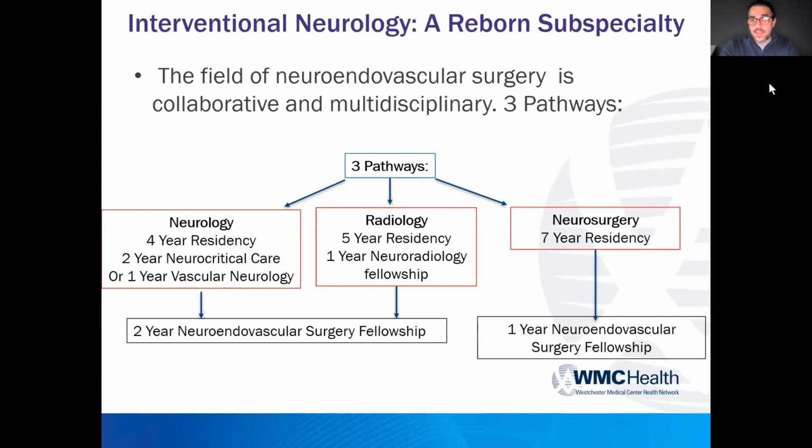Through radiology, it's a 5-year residency followed by a 1-year neuroradiology fellowship and then a 2-year neuroendovascular surgery fellowship. Or through neurology, a 4-year residency followed by a 2-year neurocritical care fellowship, or 1-year vascular neurology, followed by a 2-year neuroendovascular surgery fellowship. No matter how you decide to engage in this field, it's going to be roughly 7 to 8 years, however you divvy it up.